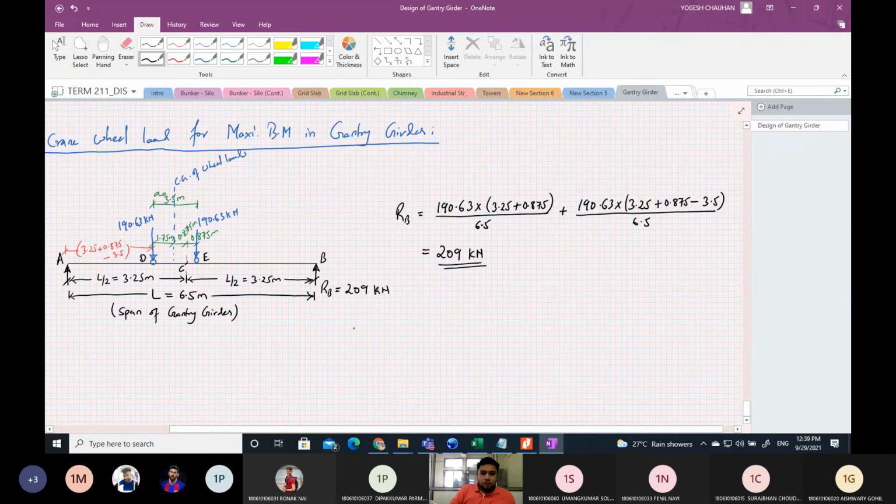Okay, now we can find the bending moment at E. Therefore, bending moment at E will be equal to 209 into this distance. This distance will be equal to 3.25 minus 0.875.